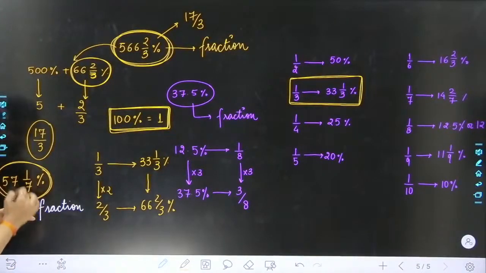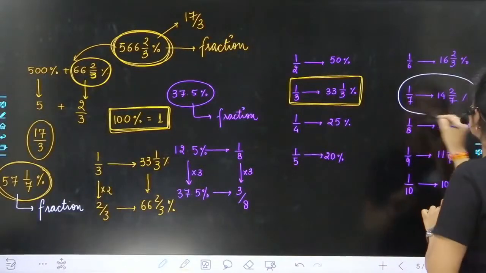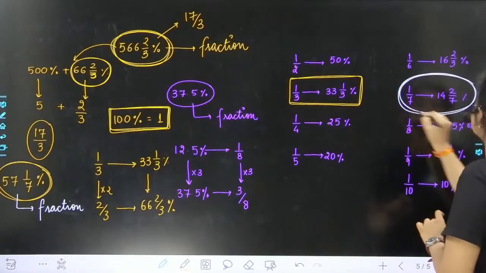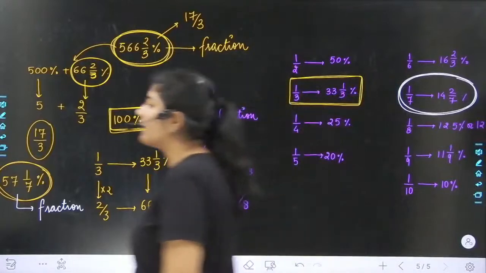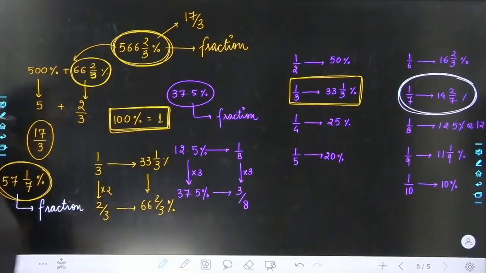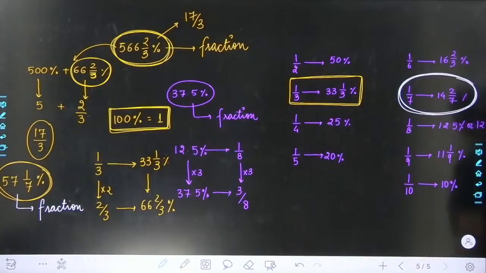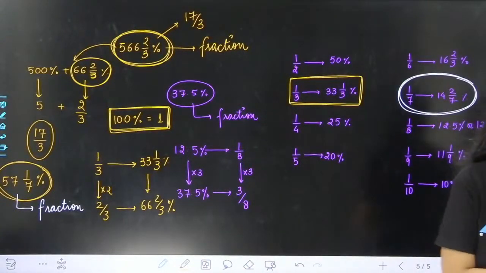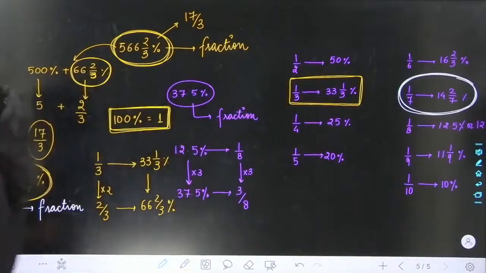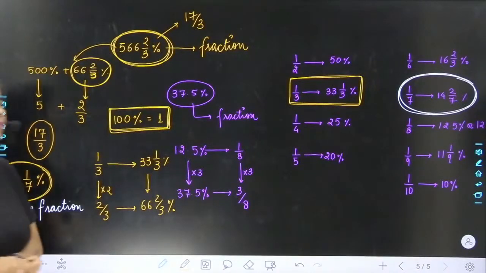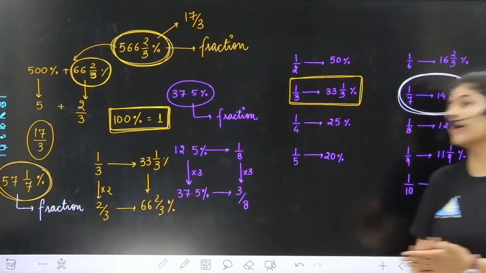When I see 1 by 7 over here, I simply recall this term: 1 by 7 is equal to 14 2 by 7%. Very good, Priyanka.